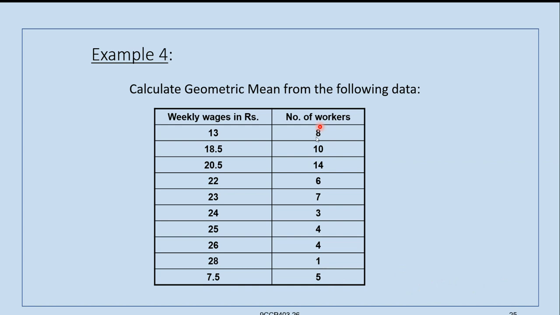N is the total of this column: 8 plus 10, 18, plus 14, 32, 38, 45, 48, 52, 56, 57, and 5 is 62.